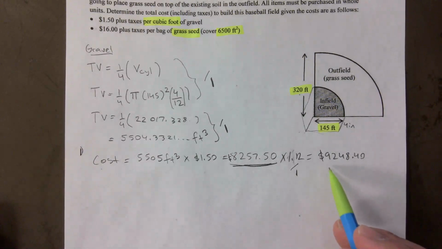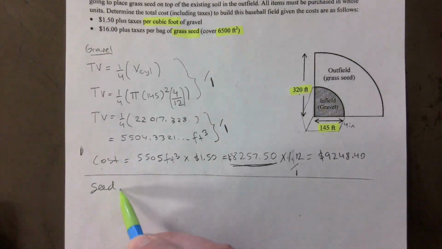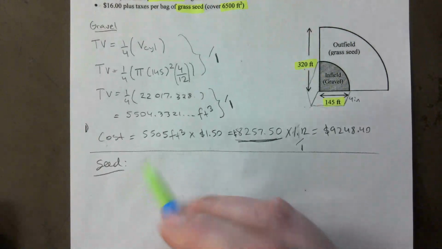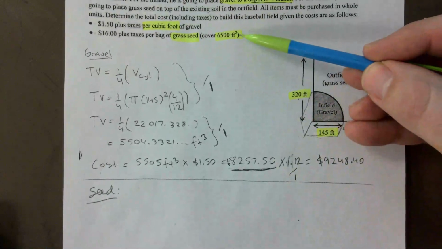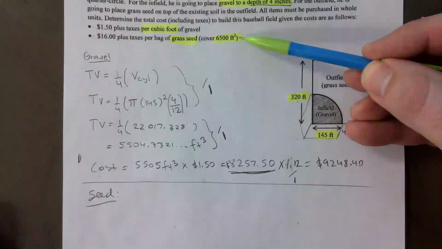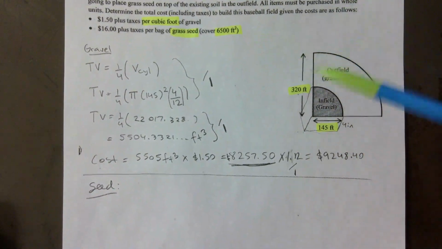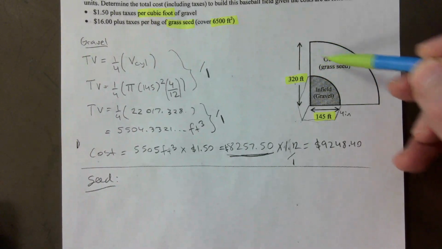Okay. So let's do the seeds, because that's the other part we need to figure out the cost. Here it's just, there's no thickness to it, it's just area. I know because it's sold in square feet, right? That's what I pay for, and there's no depth to it. So now I need to figure out this area here.